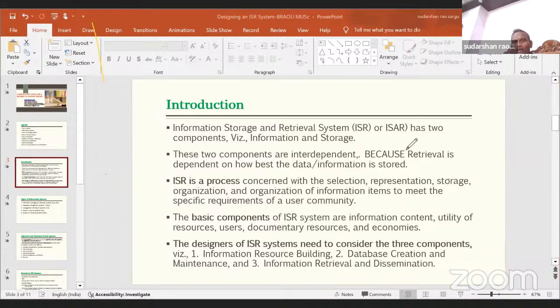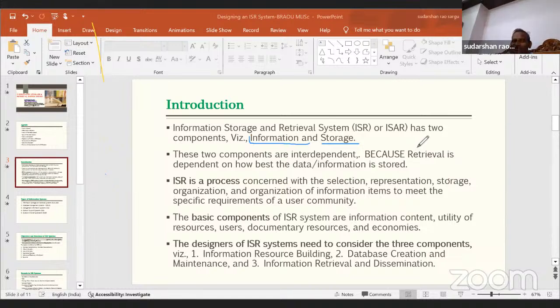Some people say it is ISAR system, some people say ISR. But after all, in this information storage and retrieval system, essentially and broadly, there are two components, two elements. One is information, second one is storage.